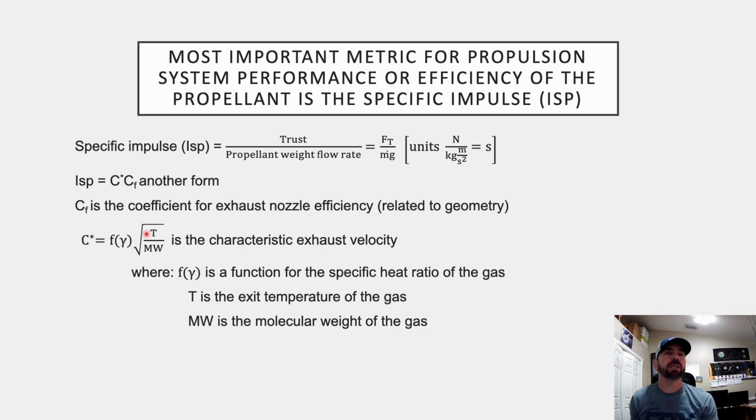T is the exit temperature of the gas, and MW is the molecular weight of the gas. So as we can see, as temperatures increase and molecular weight decreases, your Isp, specific impulse, will get higher for a given nozzle geometry. So the goal is to get the Isps as high as possible.